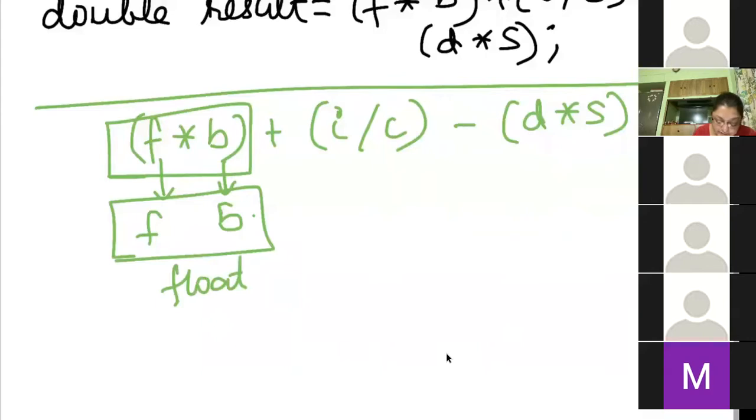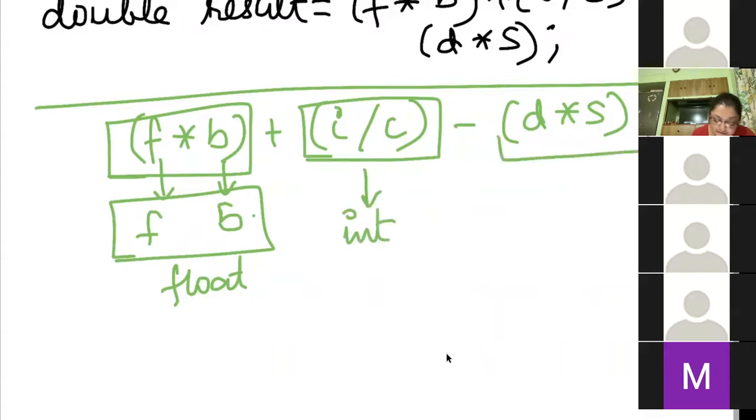Then look at I and C. I is integer, C is character, so it is promoted to integer. D is double and S is short, so it gets promoted to double.